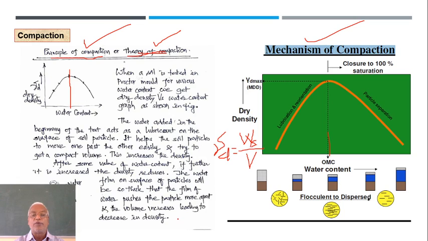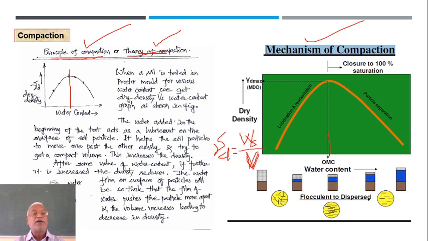So you can imagine that the particles have got a bigger volume of water. Now when the water space is increased, these particles will be pushed apart. That's why in the same volume V, if you calculate the weight of solids, it decreases. Because of the decreased weight of solids in the same volume, the density of the soil obviously decreases, because the volume is more but the weight of solids remains the same. That's why there is a decrease in the density.